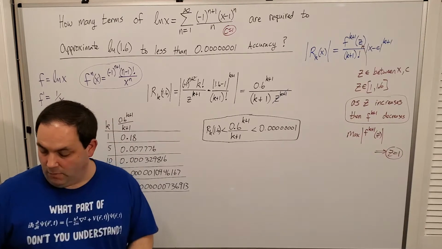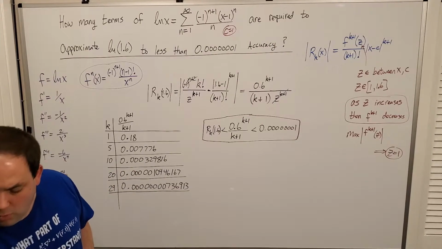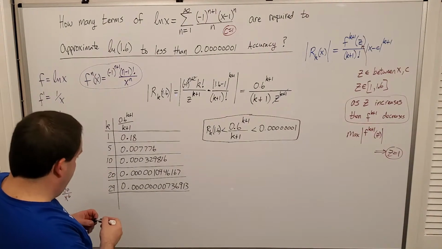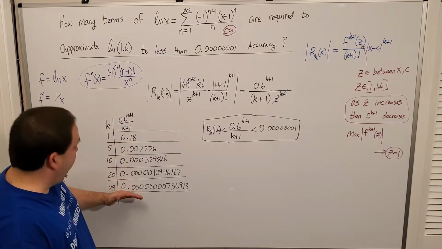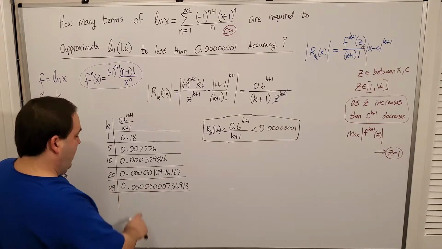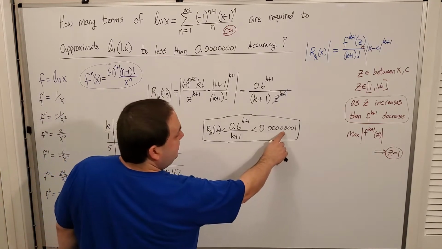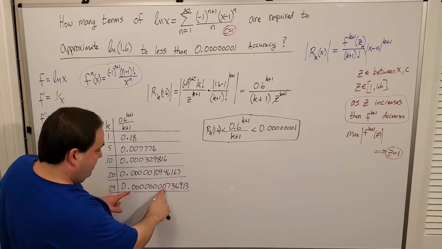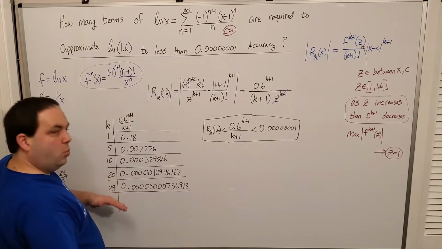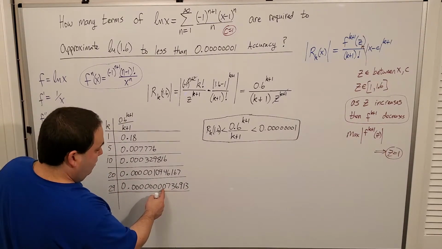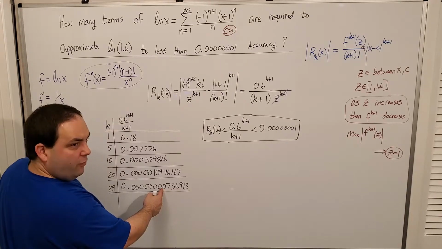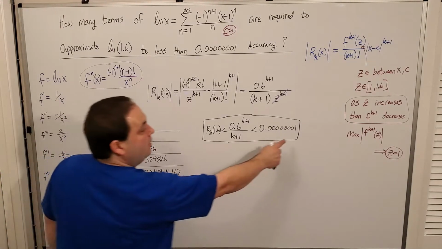Okay, so what that means is if k is 29, I actually did 0.6 to the 30 divided by 30, right? And so what we see here is that after I finally get that far, I'm able to say that this is less than this. And yes, I know there's more zeros here, but literally if you go just one back at 28, there was a number here like 3 or 4 or something like that that was bigger than 1.